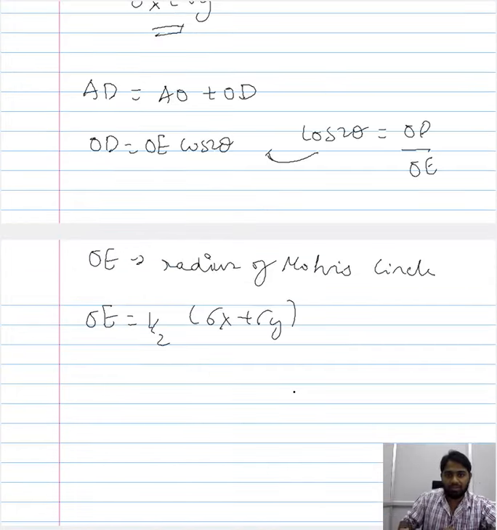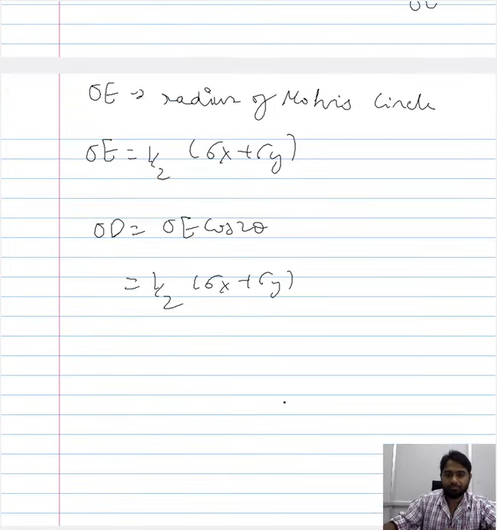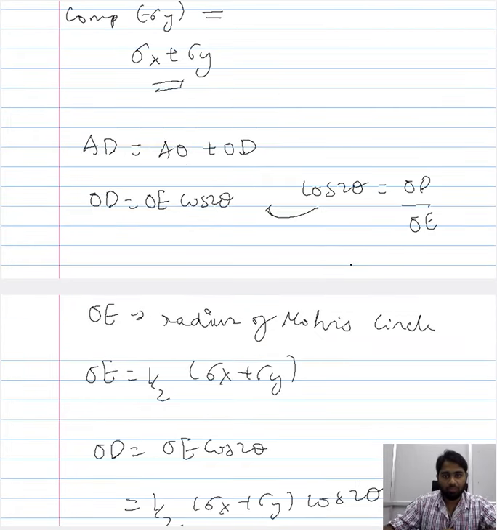So ultimately OD, which is OE cos 2 theta, would be 1 by 2 (sigma x plus sigma y) cos 2 theta. So we have arrived at an expression for OD now.